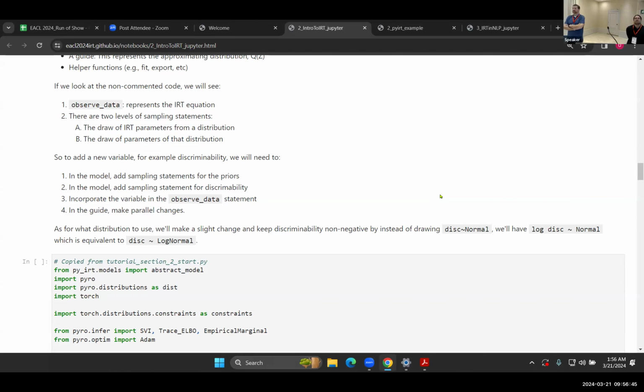I have a question. For example, if you have annotations but you don't know the correct label, is there some additional variable you can add? For example, you can say the correct answer is just the majority vote, or you can say the correct answer is the one with more certainty.